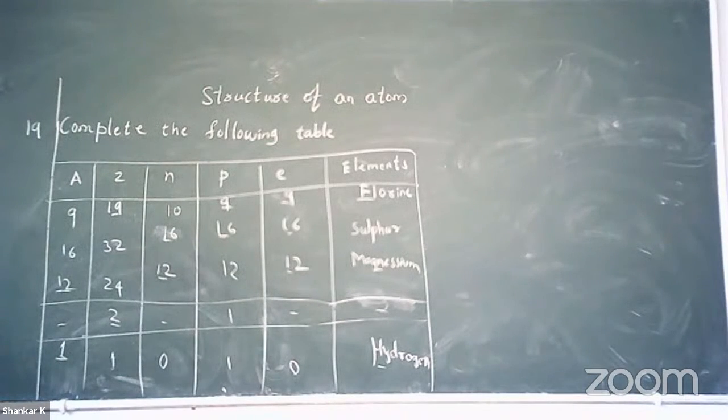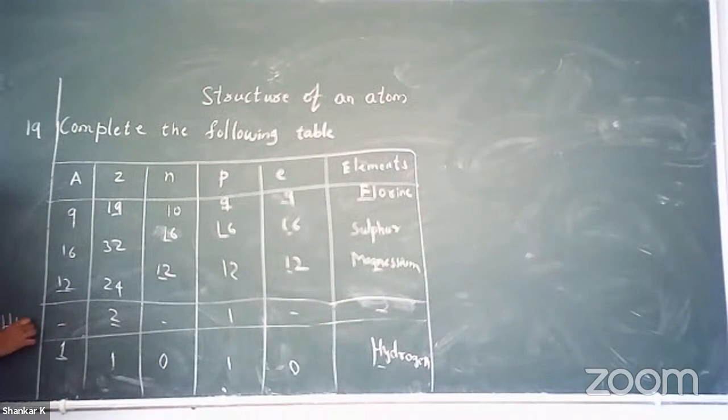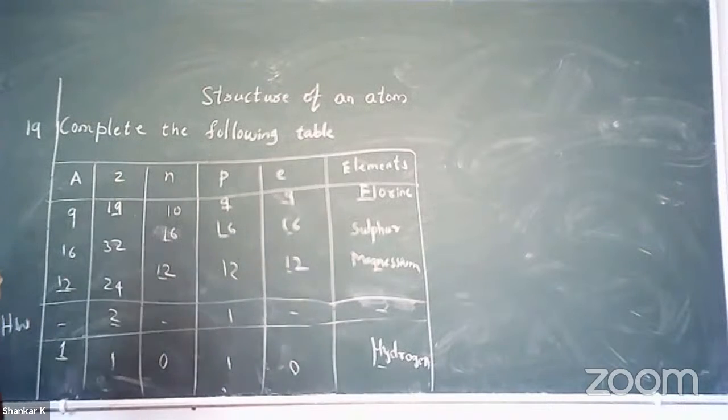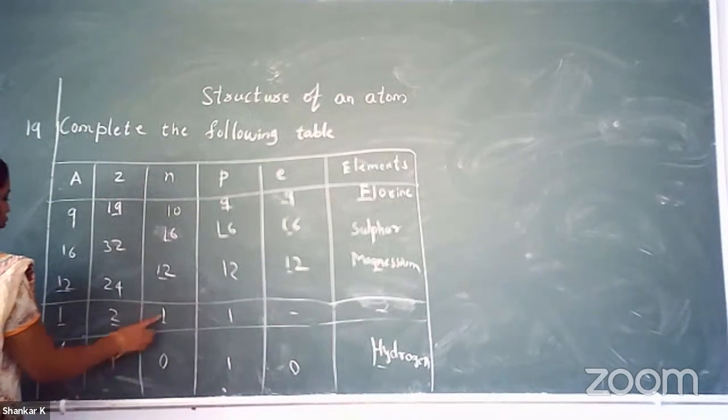Yes, ma'am. This one I am giving you as homework to find the answer. It is not an element, students. We say it is deuterium. So how do we represent it? Deuterium, students. Atomic mass is 2, atomic number is 1.